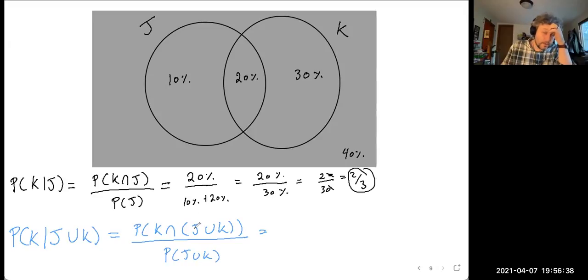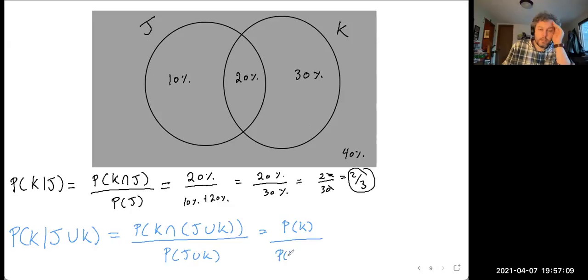So what is the intersection of K intersect J union K? Well, J union K is anything that's in a circle. What does K have in common with anything that's in the circle? K. So the top part is just K. And then the probability of J union K, well, that's just anything that's in the circle.